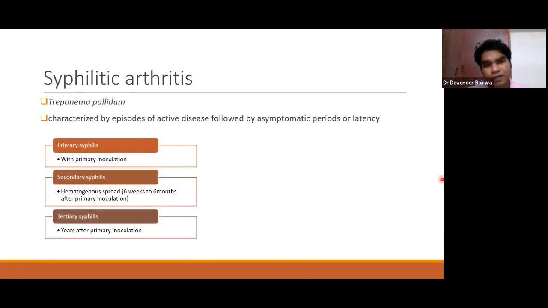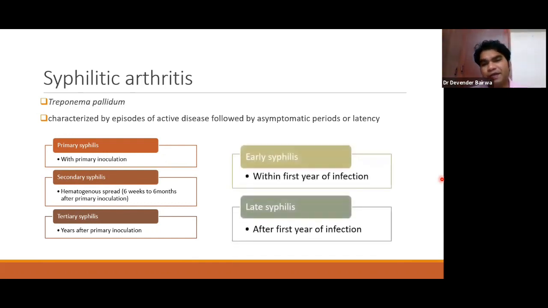So this is also the reason why syphilis presents with recurrent arthritis. You can divide syphilis in two ways. One way is primary, secondary, tertiary, or the other way is early and late syphilis. Primary syphilis occurs when there is primary inoculation. So, let's say after one sexual activity, or one IV drug use, or some needle injury, something happens. After that, you'll have primary inoculation.